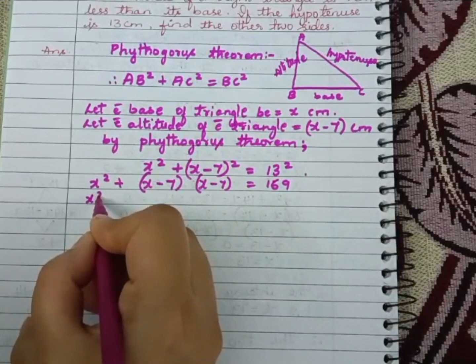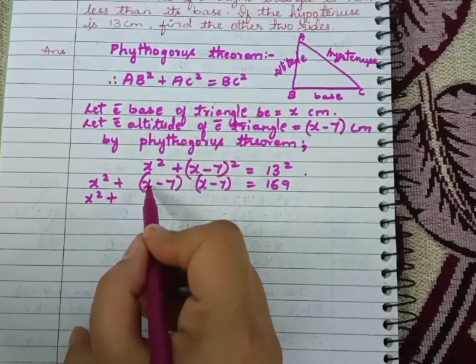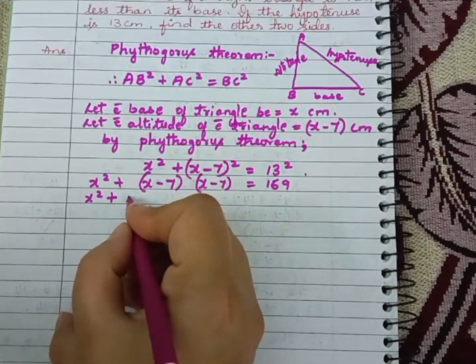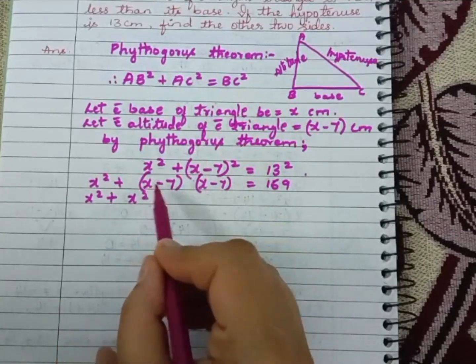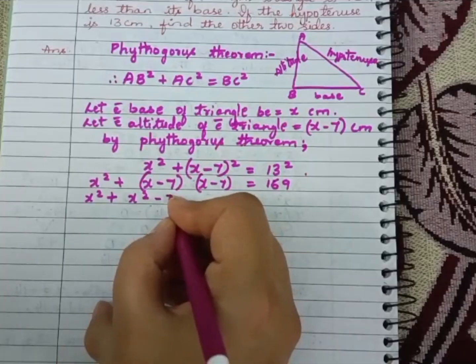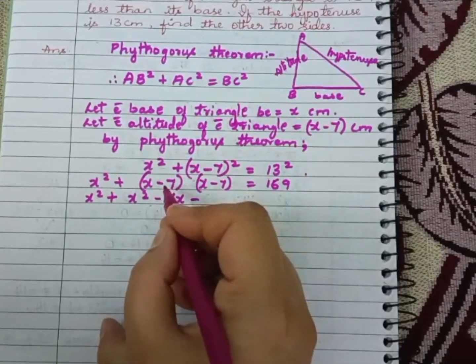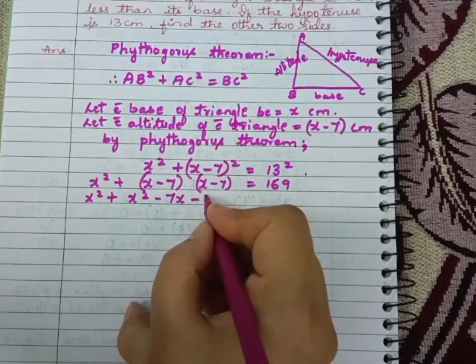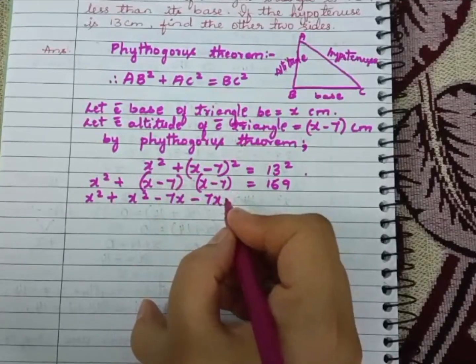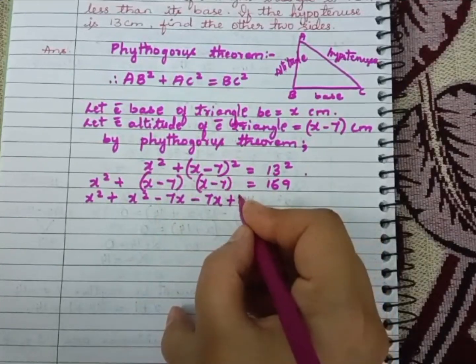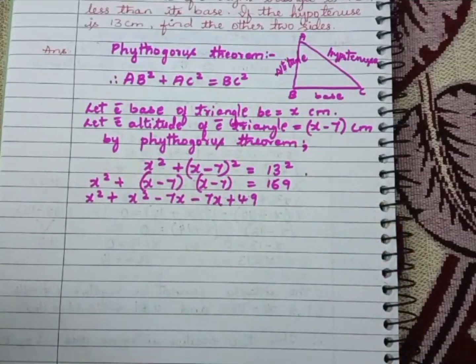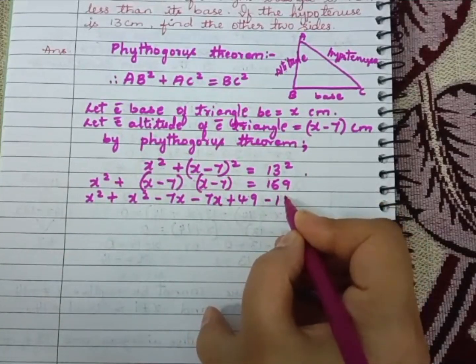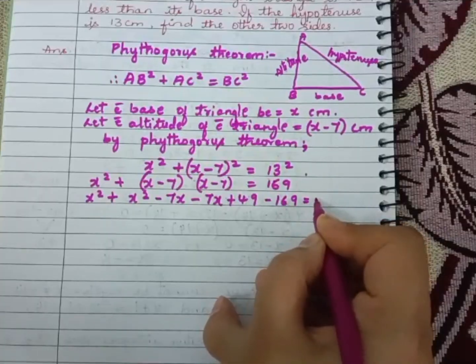Here x square plus x into x is x square. Again x into 7 is 7x, minus 7 into x is 7x, minus into minus is plus, 7 sevens are 49. This 169, when it changes to the left hand side, it becomes minus 169 is equal to 0.